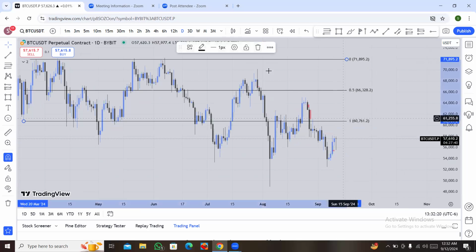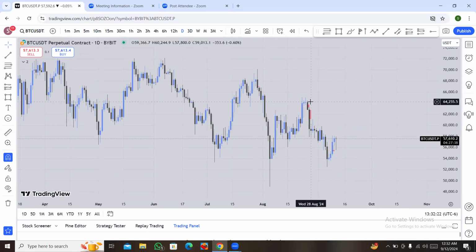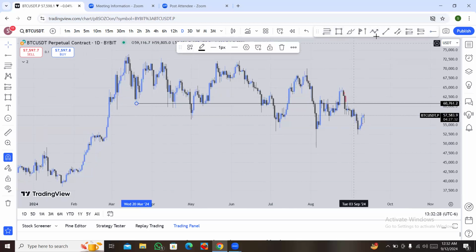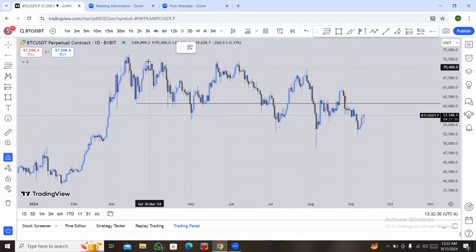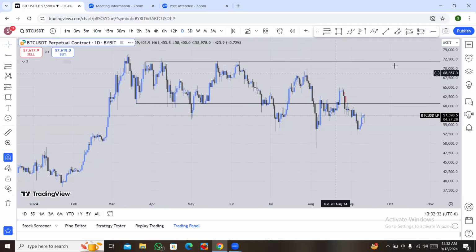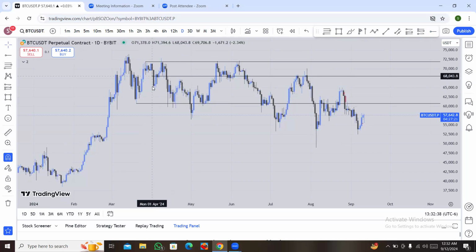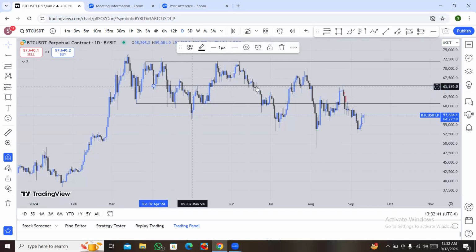Same. The first step is to mark key levels. Then on key levels, you can use these horizontal lines as well, like range low, range high, and you can manually mark a mid range, like this zone which got respected many times, so you can mark it as mid range for yourself.